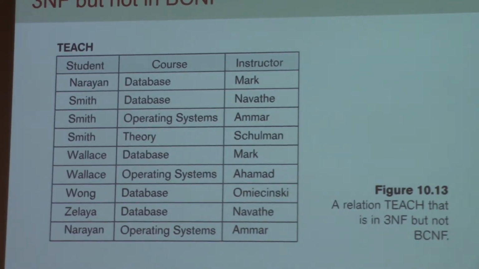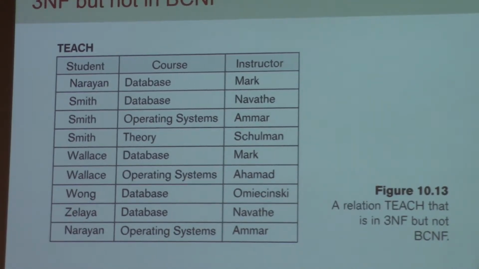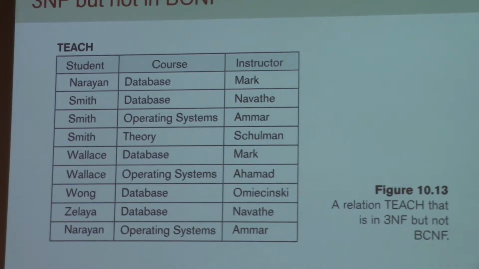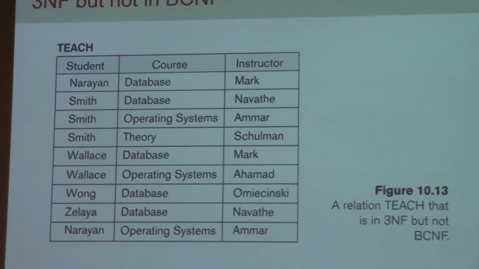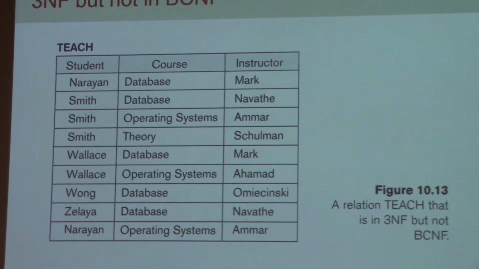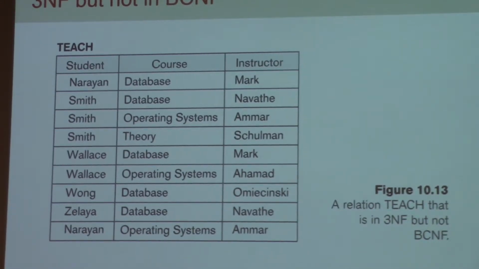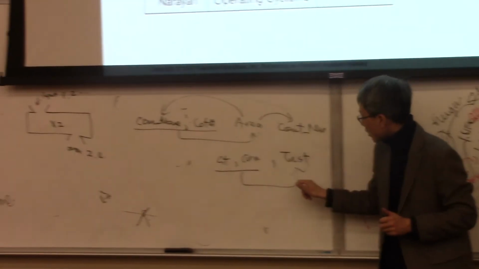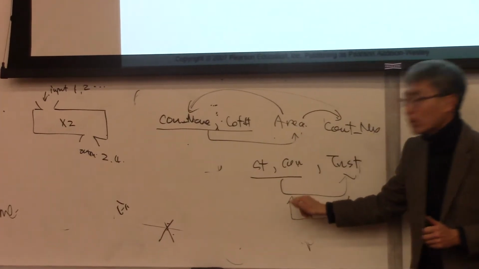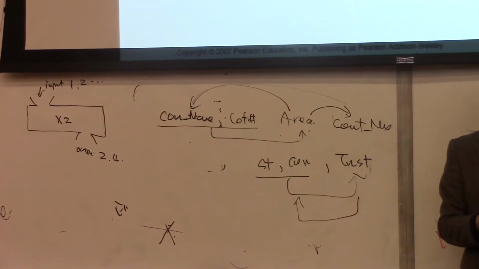If we consider student plus course as the prime attribute, it determines the instructor. However, instructor determines what? So student, course, and instructor. Student plus course determines instructor, and also instructor determines course.